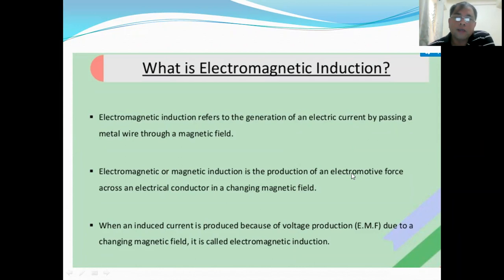Other than the brightness of the bulb, we also measure it in terms of voltage. In this presentation, we call the voltage created in the wire the EMF. EMF is short for electromotive force. So EMF is measured in voltage, and that is what is created whenever we move the magnet within a wire, or within a coil of wire.